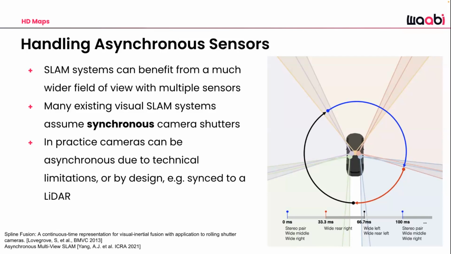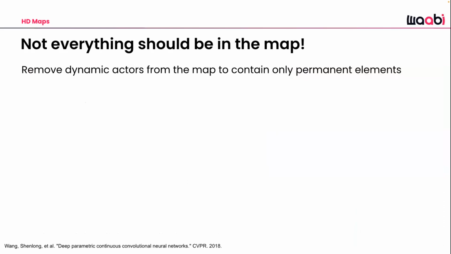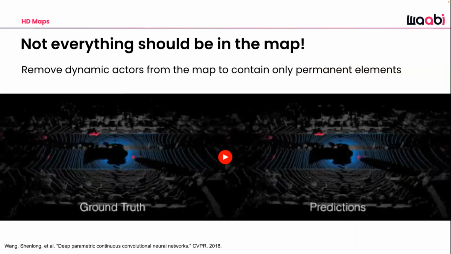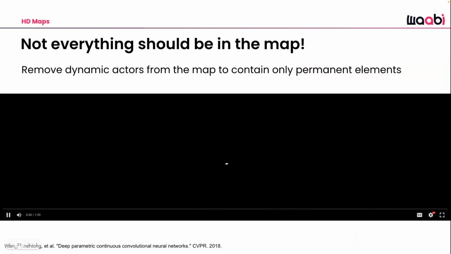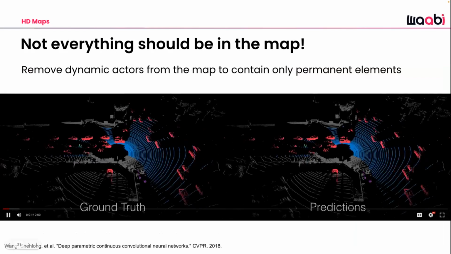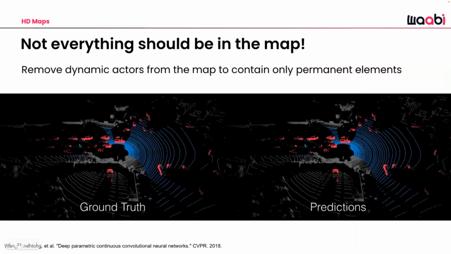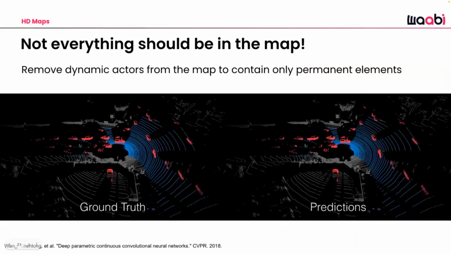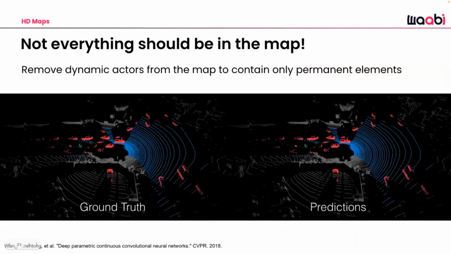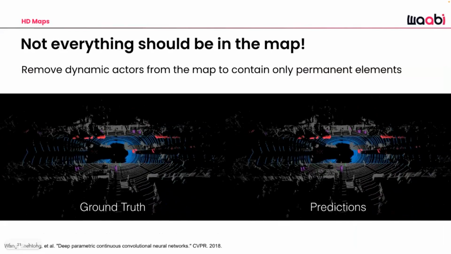This lets you asynchronously fuse different modalities, not just multiple cameras, but cameras and radars and LiDARs and inertial measurement units, etc. And of course, not everything should be in the map. Dynamic objects should typically be removed. So you typically run a semantic segmentation or at least some sort of object detection offboard on the geometric data you assemble to remove this sort of stuff before you build the final maps.